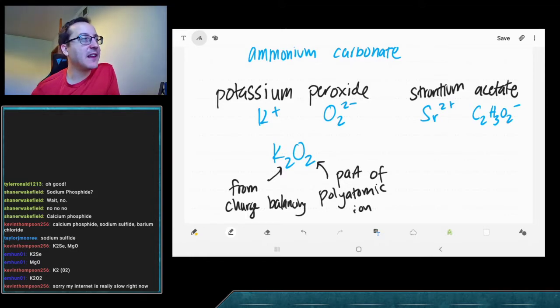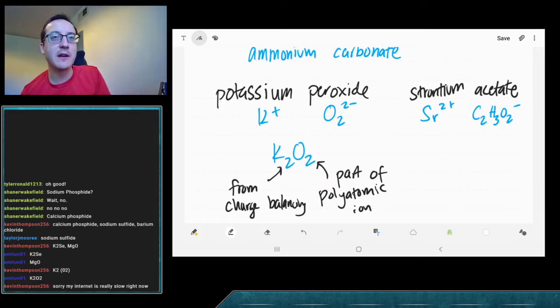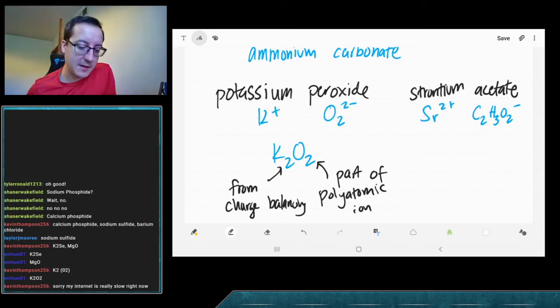And just in case anybody's wondering, why didn't we just write KO? It's the same reason. We can never reduce the numbers that are part of the polyatomic ion. So you might be tempted to say, well, hey, look, they're both 2s. Why don't we just get rid of them? It's because the 2 from oxygen is part of peroxide.